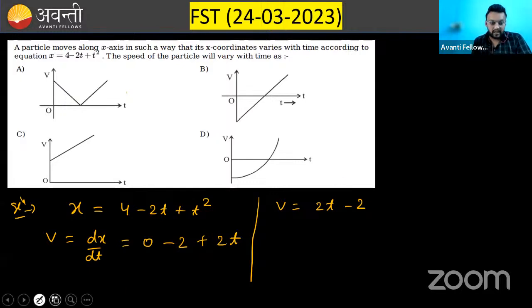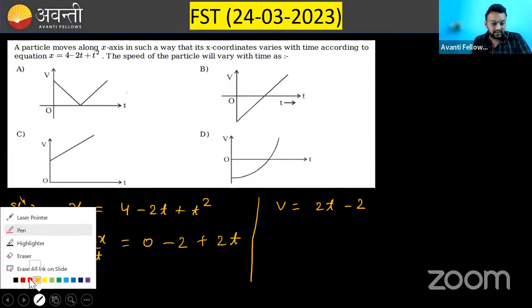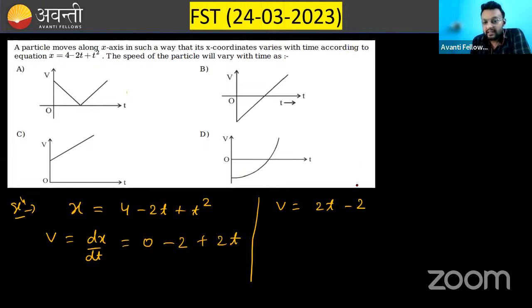If they ask about the velocity time graph, then the velocity time graph will be this one. This is the velocity time graph, in which the velocity portion is negative. But speed cannot be negative.